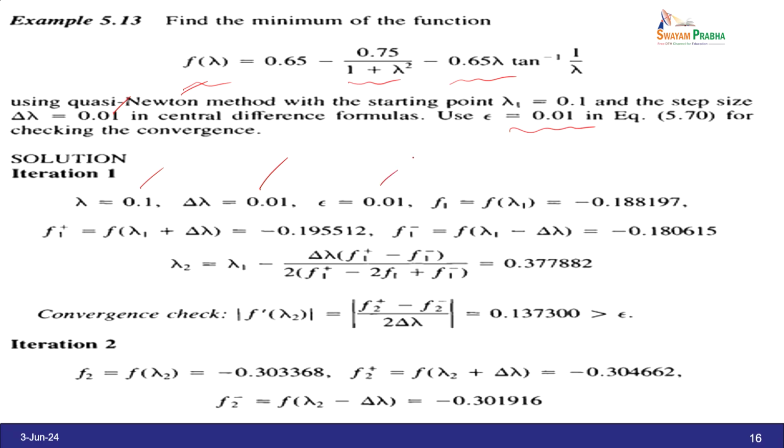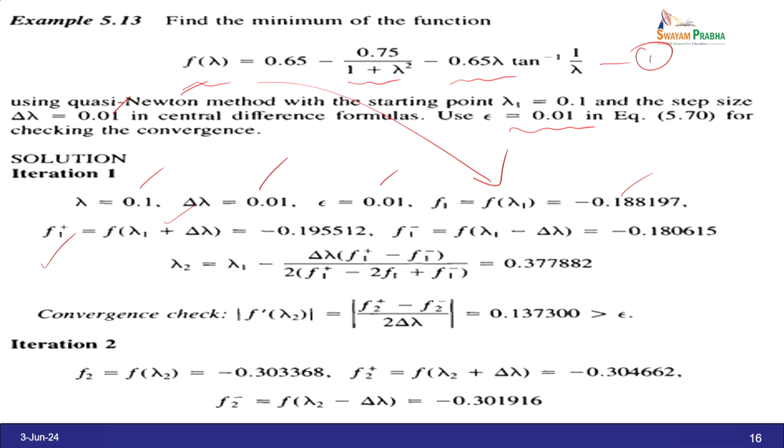Now, you have to find out f_1. f_1 means you put f of lambda_1. So, you take lambda_1 equal to 0.1, substitute in the given function 1. So, the net value is equal to minus 0.188197. Now, we have to calculate the first iteration, f_1 plus, that is f of lambda_1 plus delta lambda.